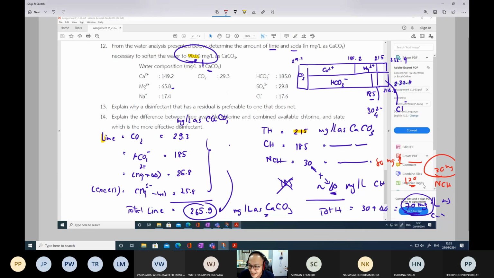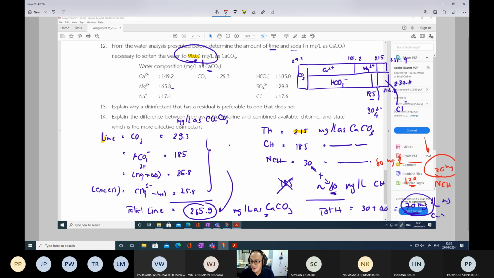In the example, with 80 milligrams per liter non-carbonate hardness combined with this one, it becomes 120, and we want only 90. So around 30 milligrams per liter as calcium carbonate of non-carbonate hardness must be removed, and we add soda equal to 30 in this case.